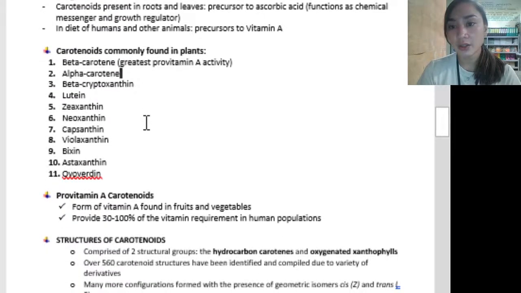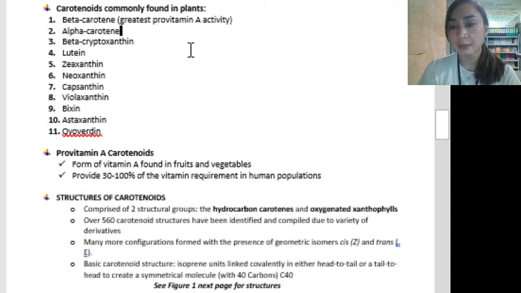These are the carotenoids commonly found in plants. We have beta-carotene, which has the greatest provitamin A activity. We have beta-cryptoxanthin, alpha-carotene, lutein, zeaxanthin, neoxanthin, capsanthin, violaxanthin, bixin, astaxanthin, ovoverdin, and so on.